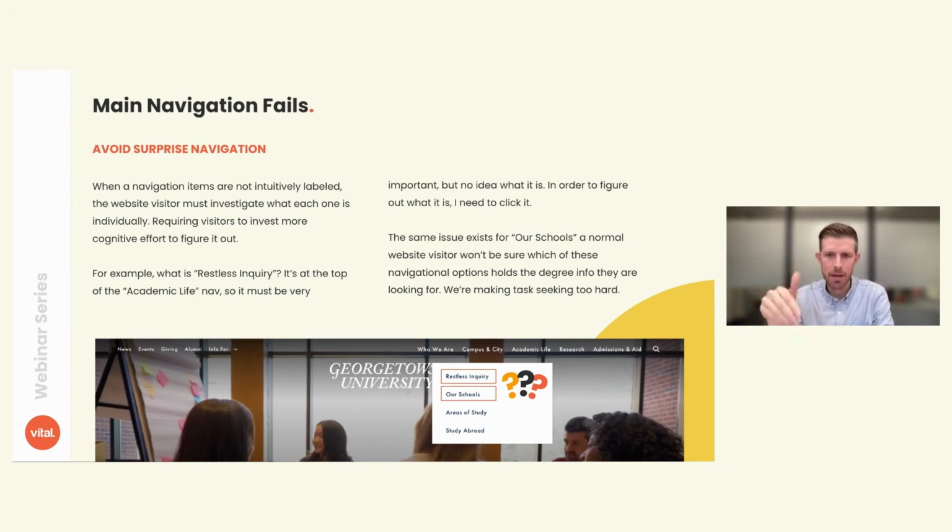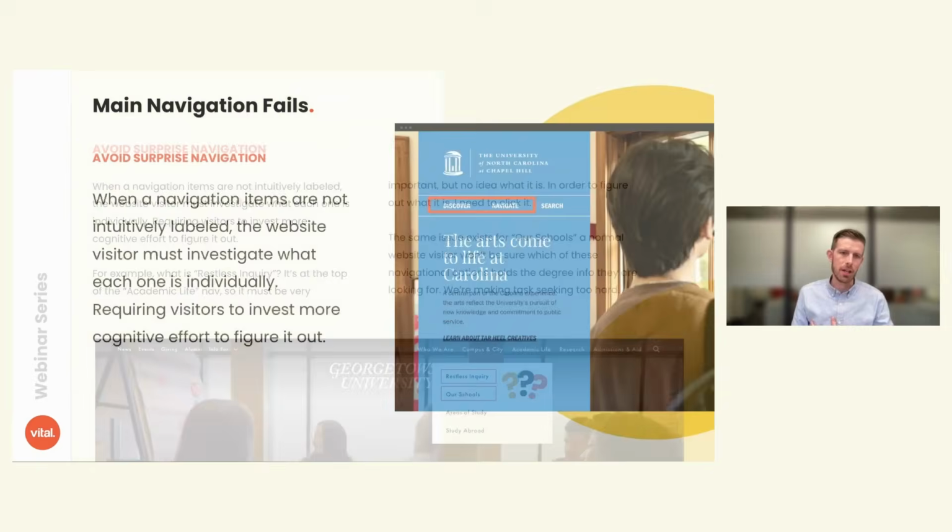Instead, I'm trying to figure out restlessly, I don't know, our schools, maybe area of study. It's going to require me to click all of them and say, nope, that's not it. Go back. Nope, that's not it. Go back. Again, too much. It's just too much work. You're asking me to do too much work as a visitor. We want to avoid the surprise navigation.